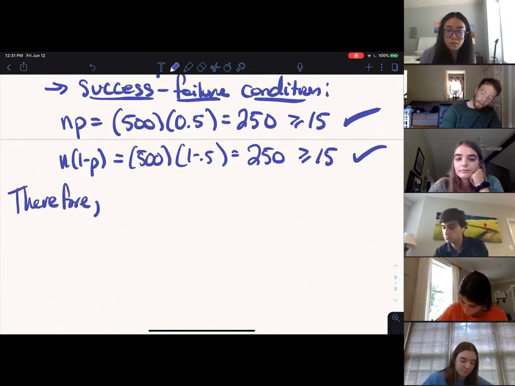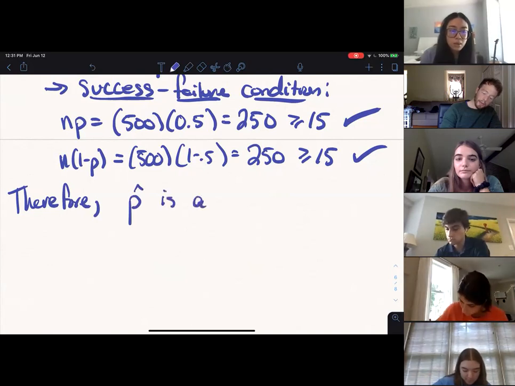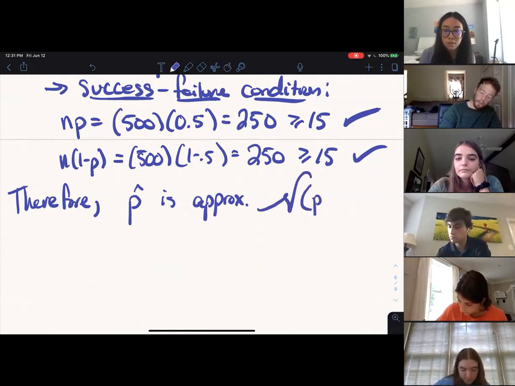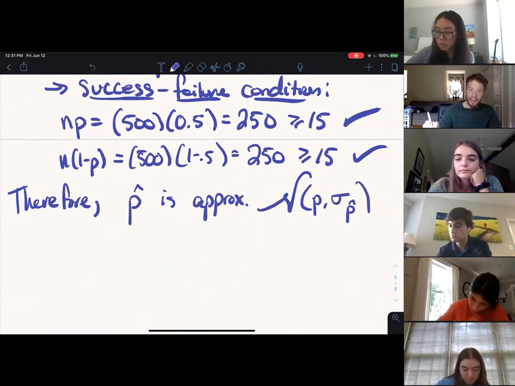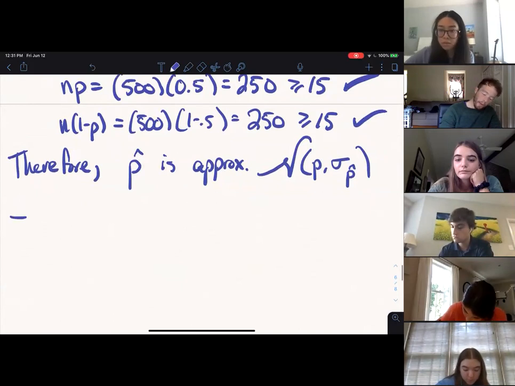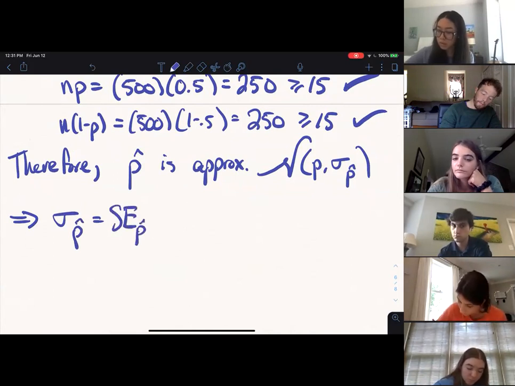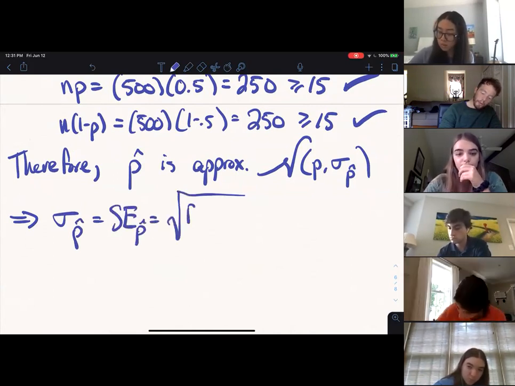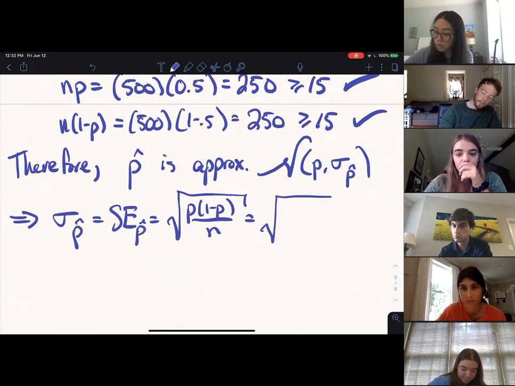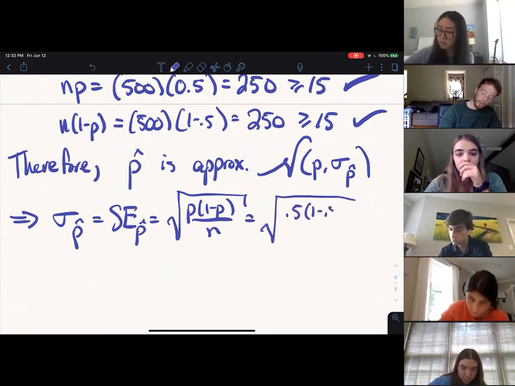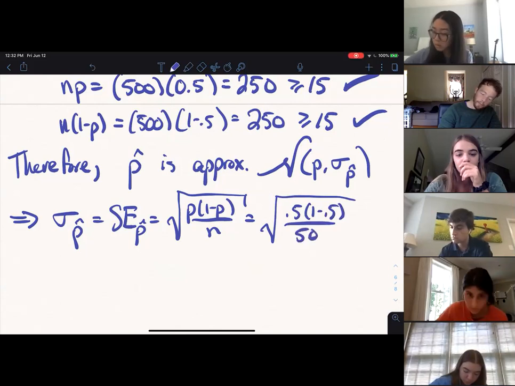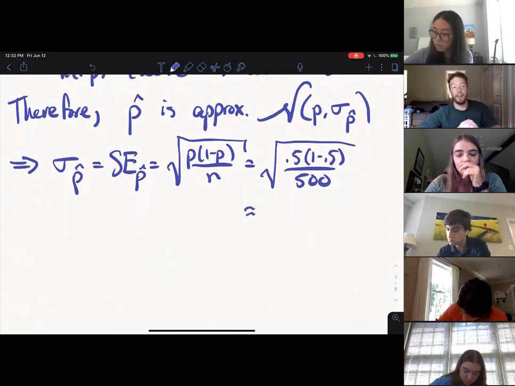Therefore, p hat is approximately distributed normal, centered at p with a standard deviation of the standard deviation of p hat, or the standard error. And we know that this value, the standard deviation of p hat, otherwise known as the standard error, is equal to this, which is just the square root of 0.5 times 1 minus 0.5 over 500, which is approximately, actually, gotta look this up.